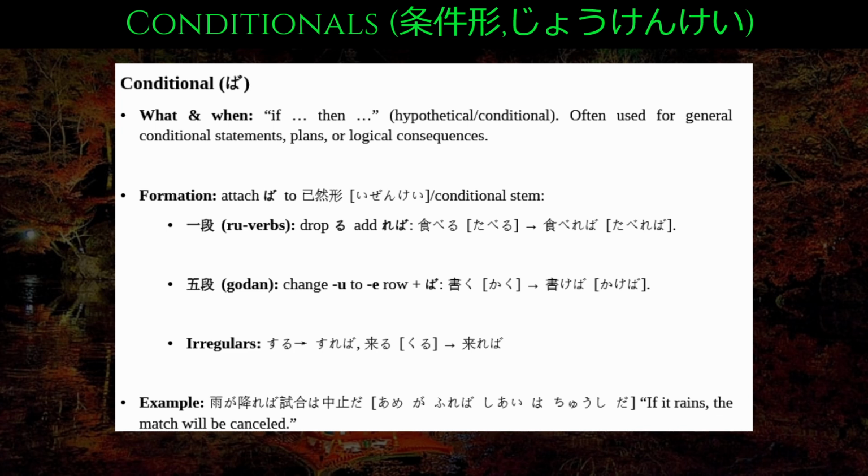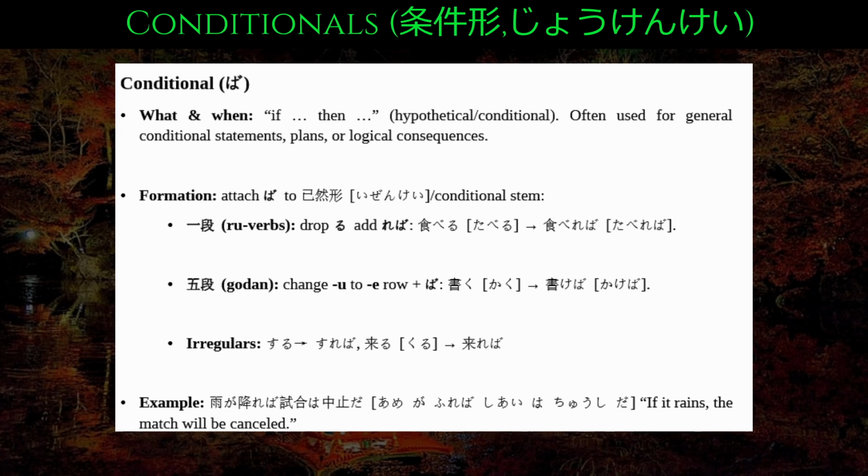As for the formation, we are simply attaching ba to the ishenkei or conditional stem. Beginning with the ichidan verbs or eru verbs, as always, we are dropping the ru and adding reba. So, taberu, tabereba. Simple enough.